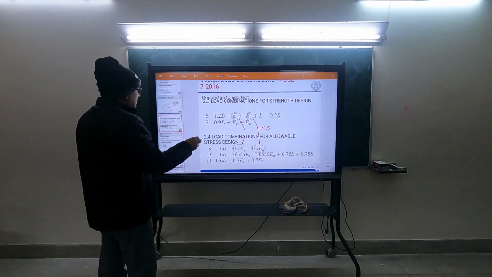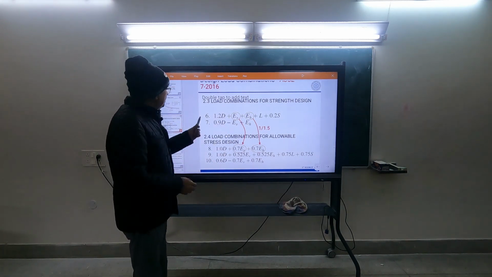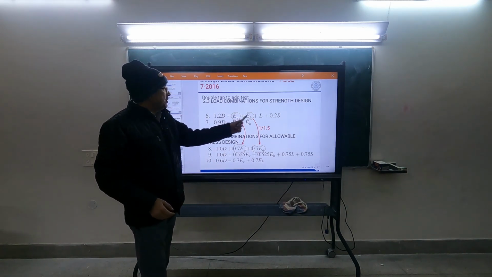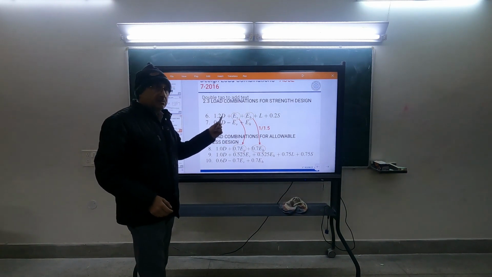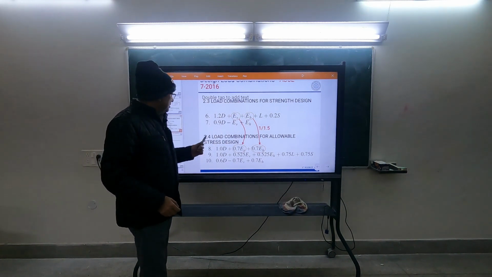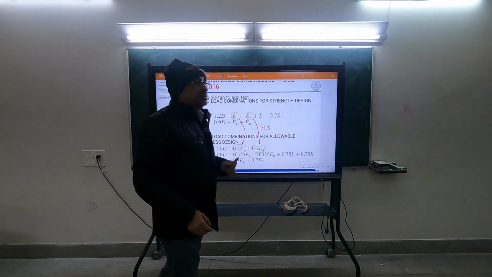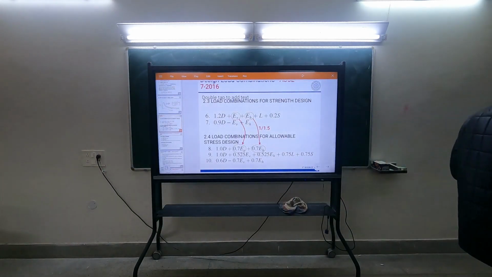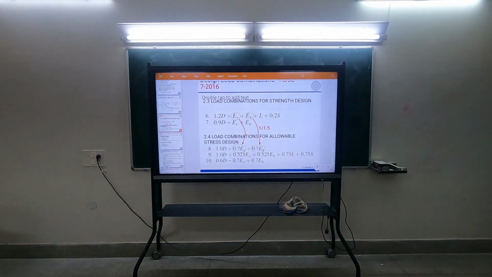In ASCE 7, the coefficient for earthquake in load combination is 1, but that is for serviceability load combinations or working stress methods. In our code, the load factor is given as 1.5. And I told you actually it is not a load factor. It is a conversion factor from the mean of DSHA to the 84th percentile of DSHA.